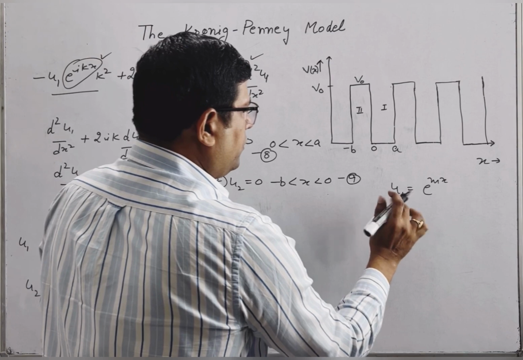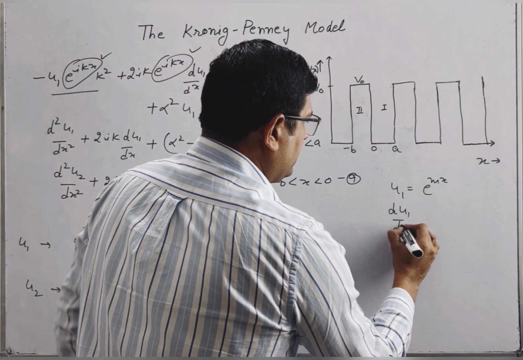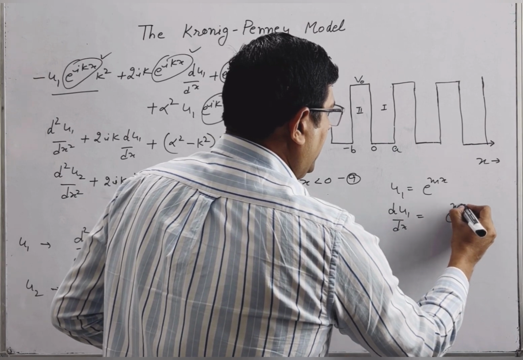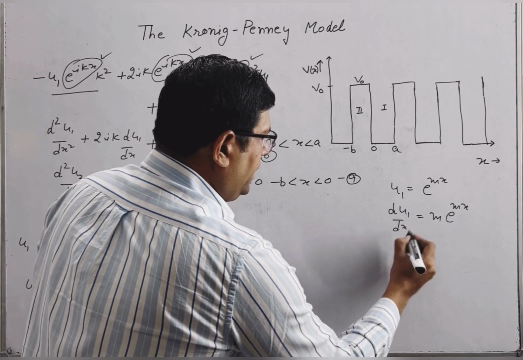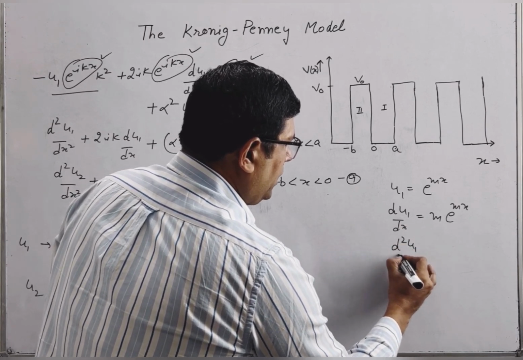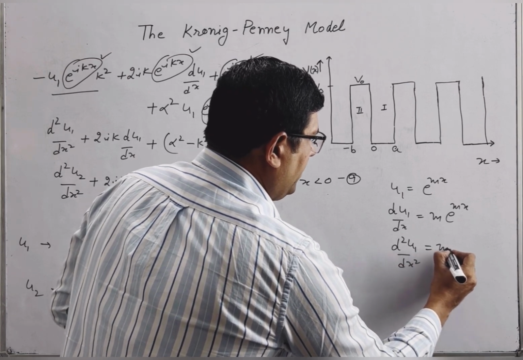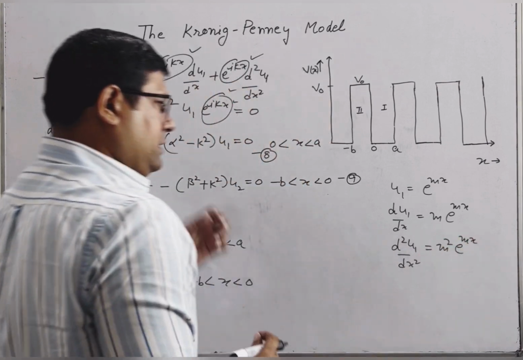From here, du1 upon dx will be equal to e raised to power mx into m, and differentiating again, d2 u1 upon dx square is m square e raised to power mx.